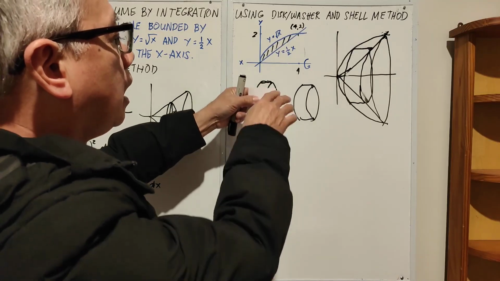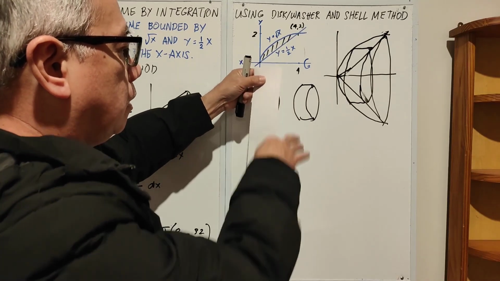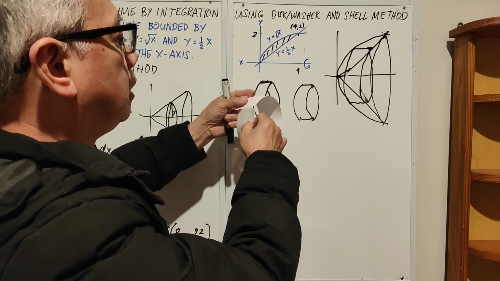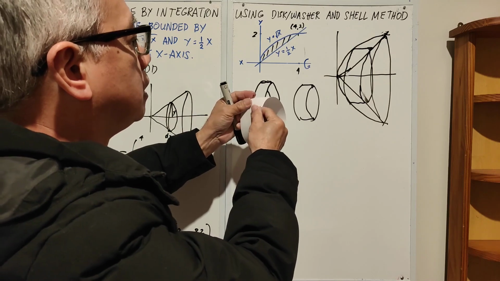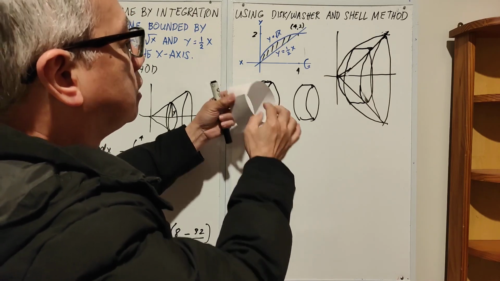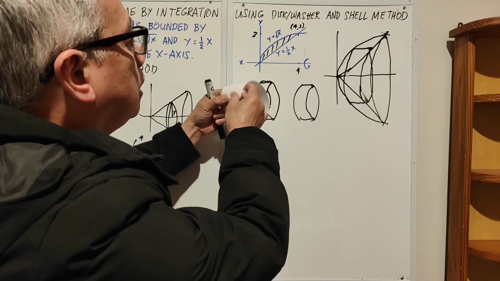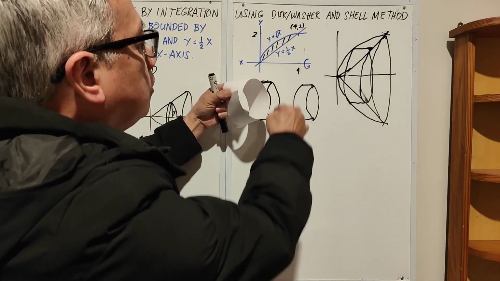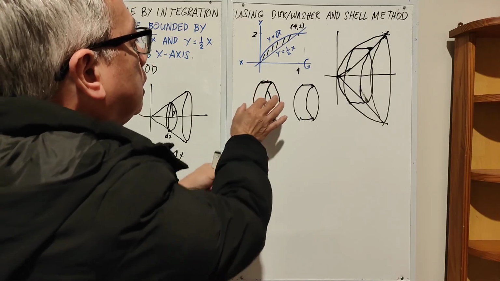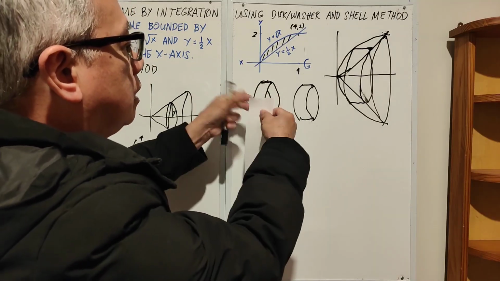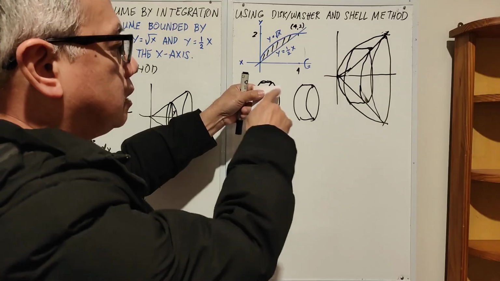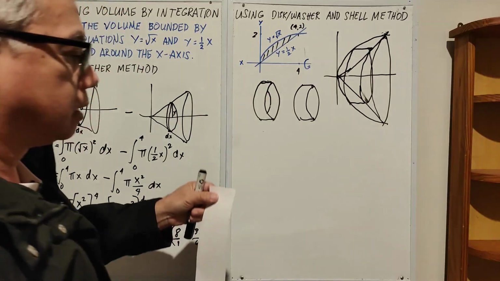Now the height of this one is equal to the circumference. The area will be the circumference multiplied by the thickness.